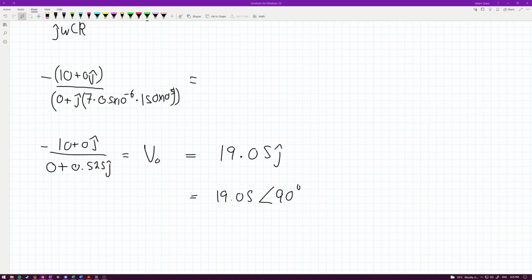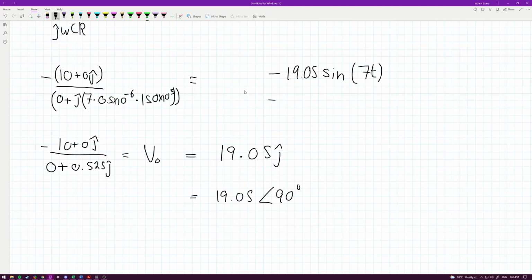Let me just see in here quickly. Let me look at the negative theta. Is that the same thing as what they got? I can't tell. They got negative 19.05 sine of 7t.